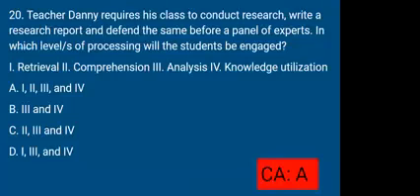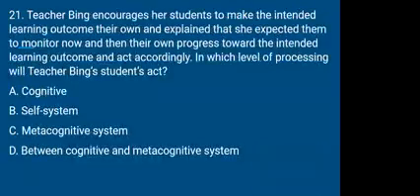Okay, very good. Next, let's proceed to number 21. All right, number 21. Teacher Bing encourages her students to make the intended learning outcome their own and explains that she expects them to monitor now and then their own progress toward the intended learning outcome and act accordingly.